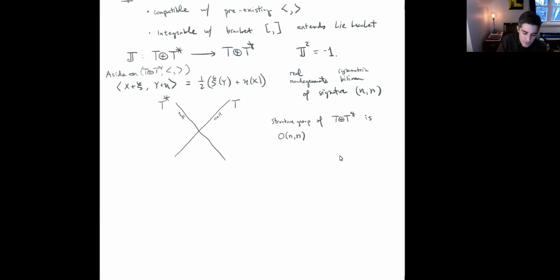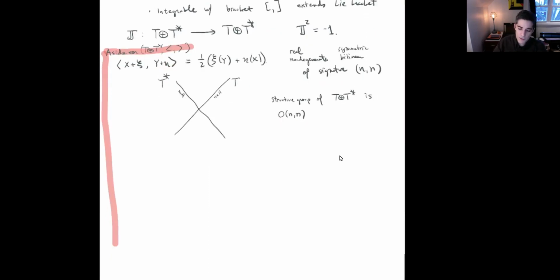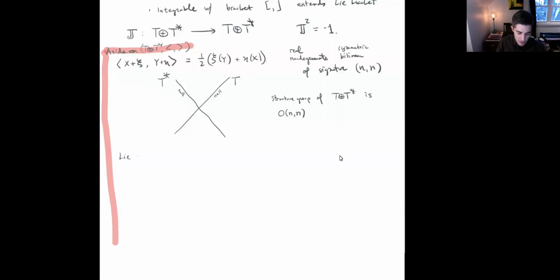Okay, so let me just talk about this inner product for a moment. A good way of understanding this inner product is to talk about the Lie algebra of symmetries. So the Lie algebra of infinitesimal symmetries of T plus T star with this inner product is so(n,n), or sometimes, just to be more specific, we could say so(T plus T star).